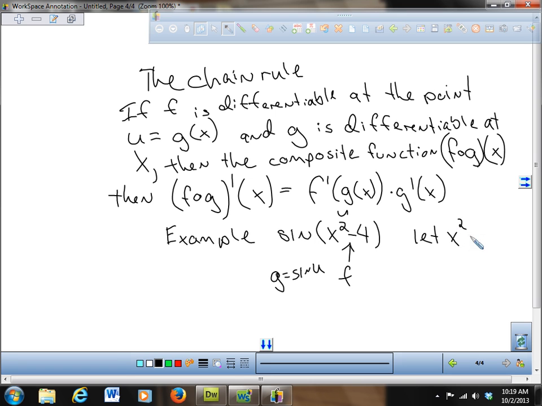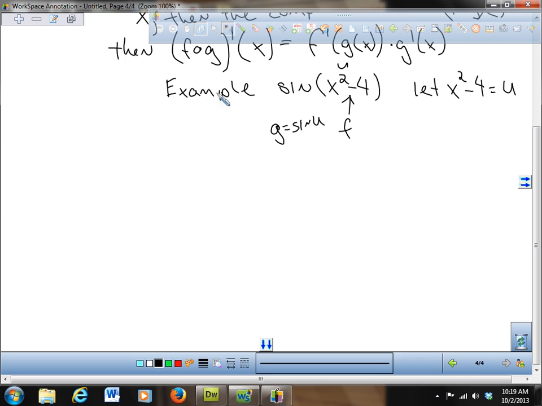You don't have to go through this each time either; you'll get it really quick. Let x squared minus 4 equal u. So sine of x squared minus 4 is g equals sine of u, because u equals x squared minus 4.